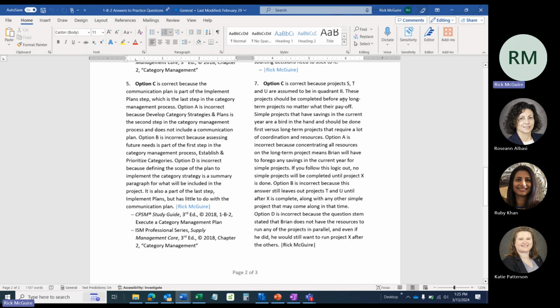These projects should be completed before any long-term projects, no matter what their payoff, because all 3 of them are worth $750,000, and the long-term one's only worth $1 million. Simple projects that have savings in the current year are the bird in the hand and should be done versus long-term projects that require a lot of coordination and resources.